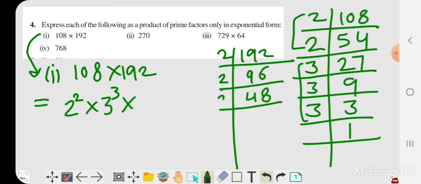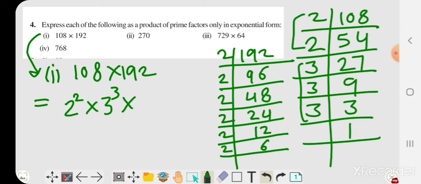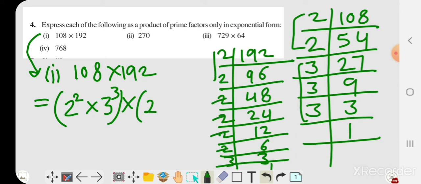Then 2 2s are 4. 2 4s are 8. 2 1s are 2. 2 2s are 4. 2 6s are 12. 2 3s are 6 and 3 1s are 3. So these are the factors, where 2 is raised to power 1, 2, 3, 4, 5, 6. 2 raised to power 6 into 3.